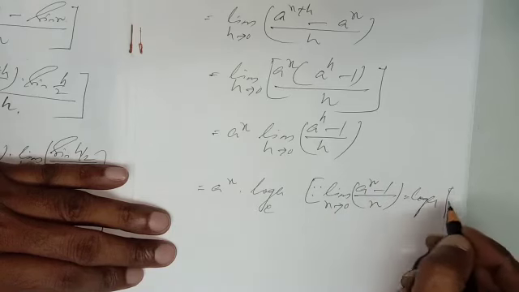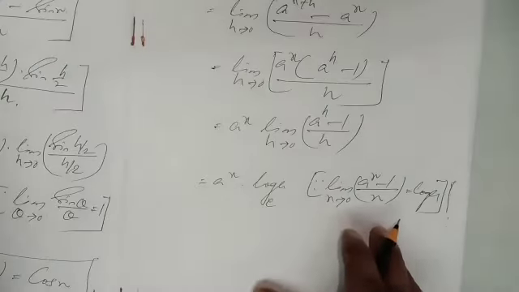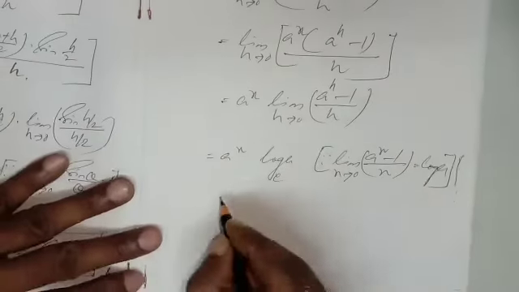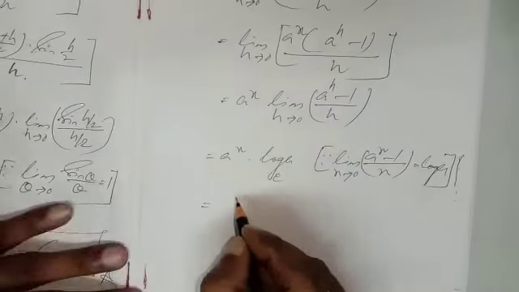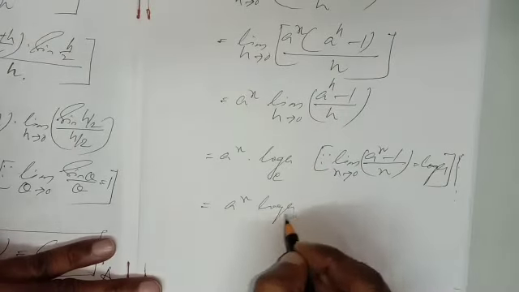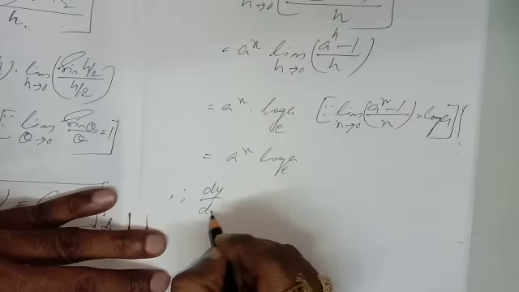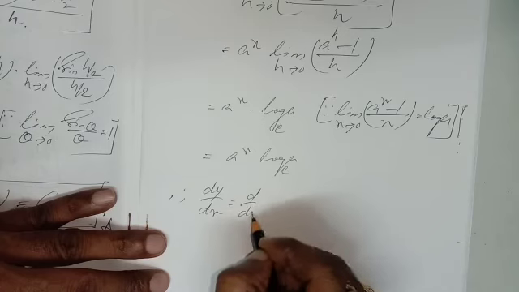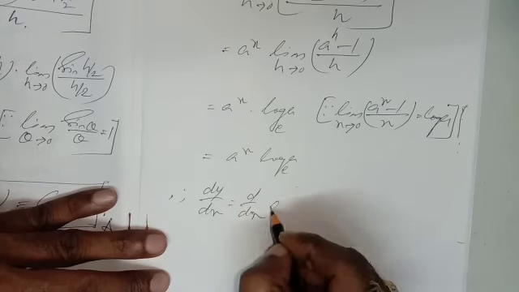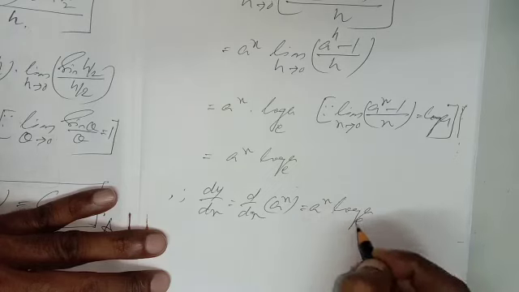And this is the last question for today. The final answer for this last question is a to the power x log a base e. I am writing the answer, just wait. dy by dx is equal to d by dx of a to the power x. The answer is a to the power x log a base e.